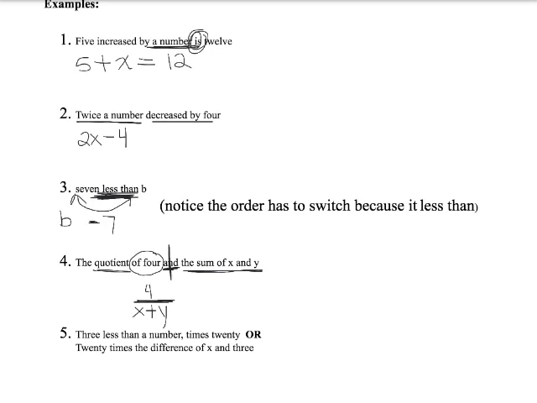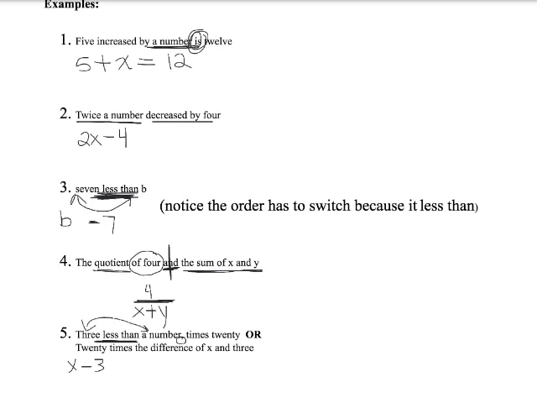Number 5. 3 less than a number, comma, times 20. Let's start with 3 less than a number. First of all, alarm bells right there. We got to switch the order. So 3 less than a number would be x minus 3, because remember, you got to switch the order here.